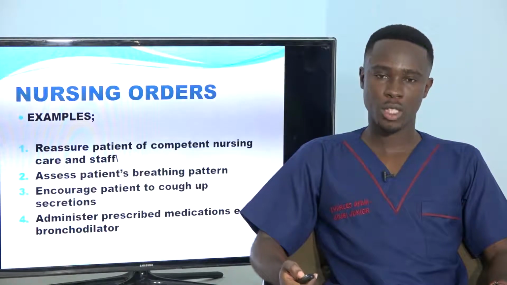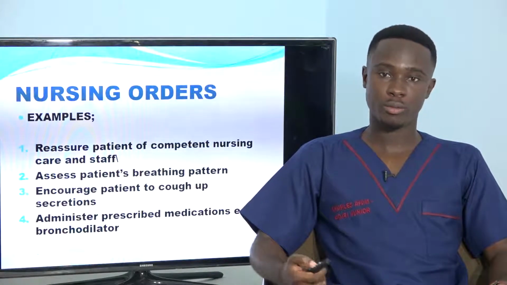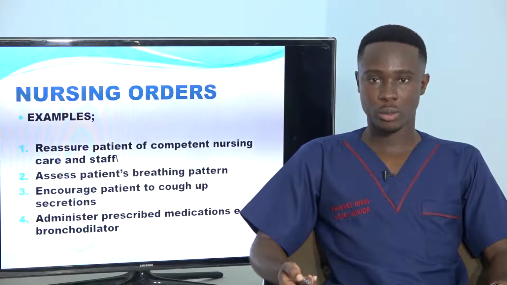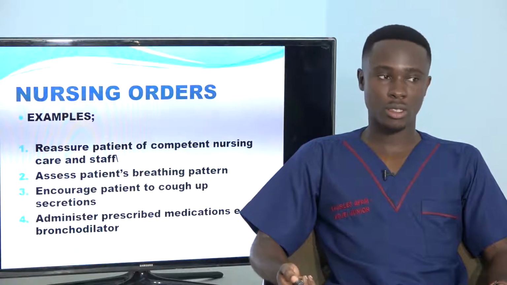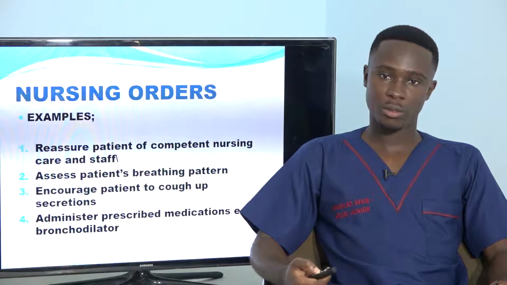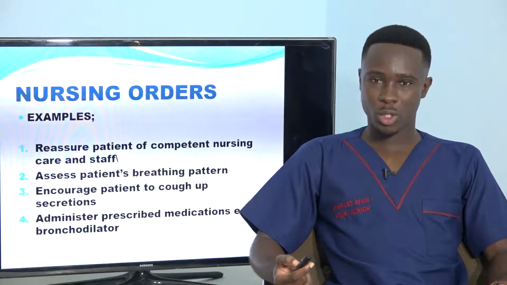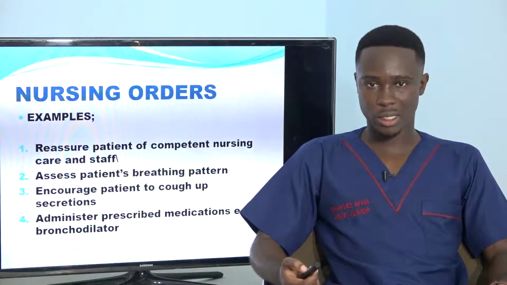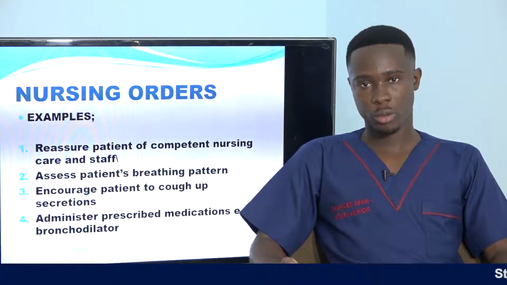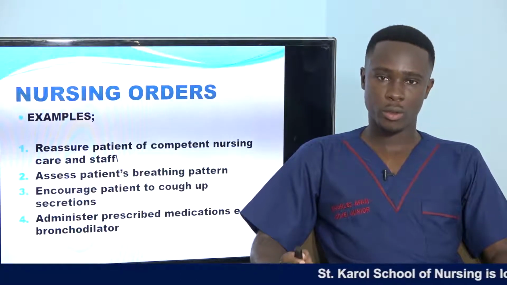From 1 to 6 is for the nasal prongs, and from above 6 to 15, you can use the rebreather face mask to give effective flow. Because when you end up using the nasal prongs to give, let's say, 15 liters of oxygen, because the delivery device isn't appropriate, the patient ends up breathing in carbon dioxide, which will become a problem for the patient. So when you're giving prescribed oxygen, you have to look out for the correct delivery device.